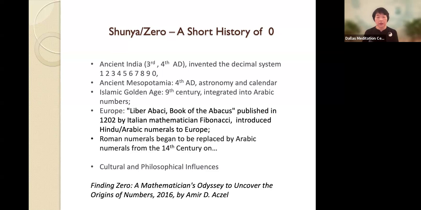According to this author, who is a mathematician, he was intrigued by this 0. And he not only did research, he actually went to different parts of the world to try to find archaeological evidence of the number 0. His odyssey took him to different parts of the world.